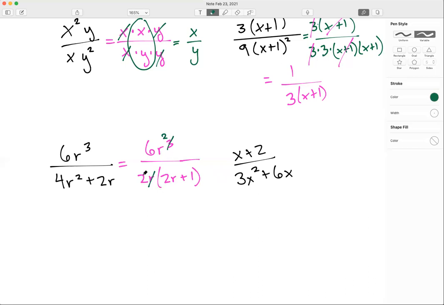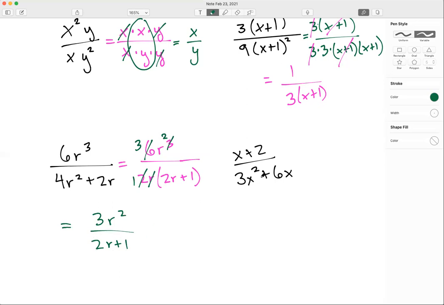And then I can also pull out a 2 from here, which becomes a 1, and then I pull out a 2 from the 6, and that becomes a 3. So then what I have is 3r squared on top, and then on bottom I have a 2r plus 1. And this is done. You can't cancel it anymore because this one here is married.